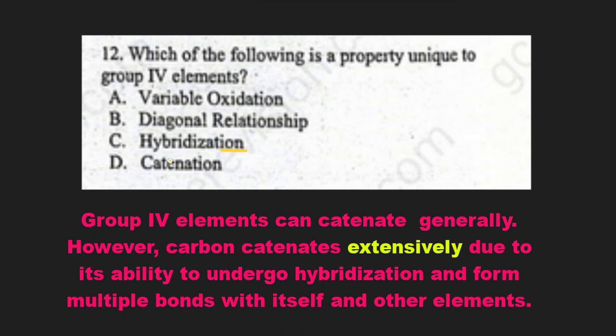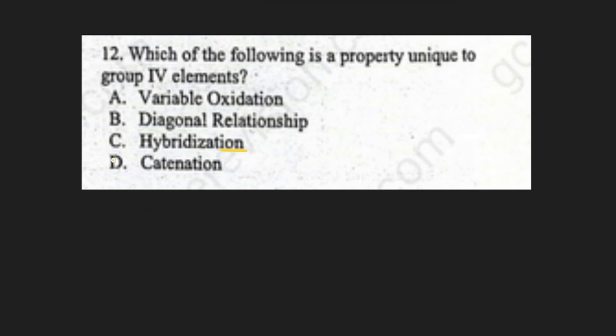So catenation is a characteristic of group 4 elements, but carbon is said to catenate extensively. So carbon is not totally different from the other elements by its ability to catenate, because other elements do catenate in a smaller proportion or in a mild amount. So D is our best option.